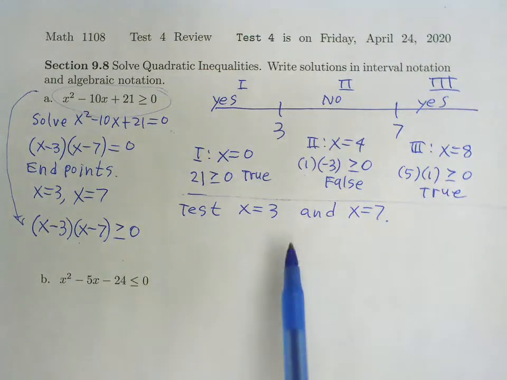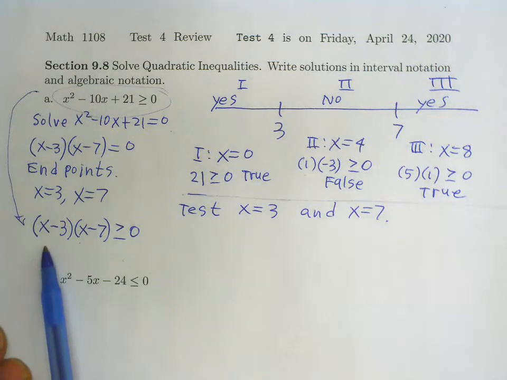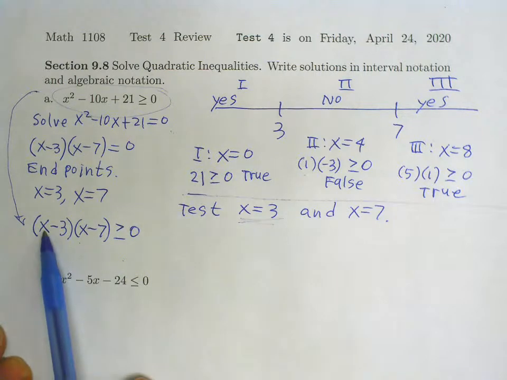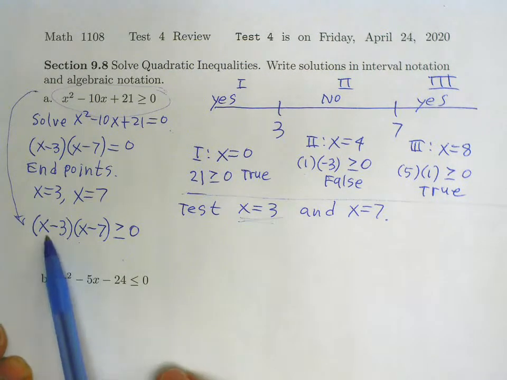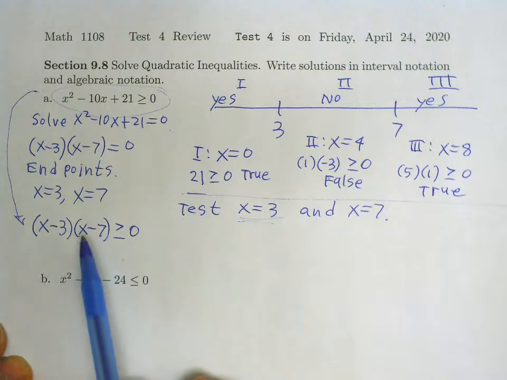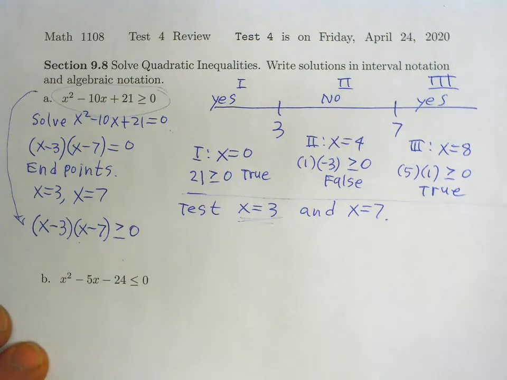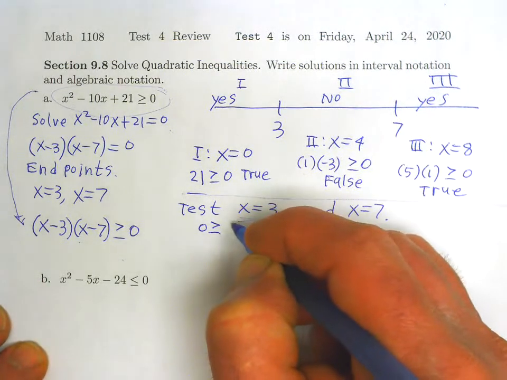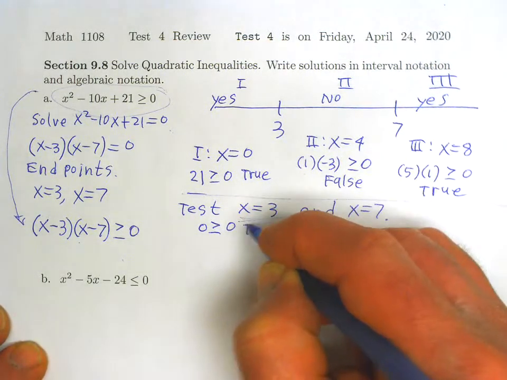So using the factored form might be easier. If you test x equals 3, then this factor, 3 minus 3 is 0. The other factor is negative 7, but 0 times negative 7 is 0. And the inequality 0 greater than or equal to 0 is true.